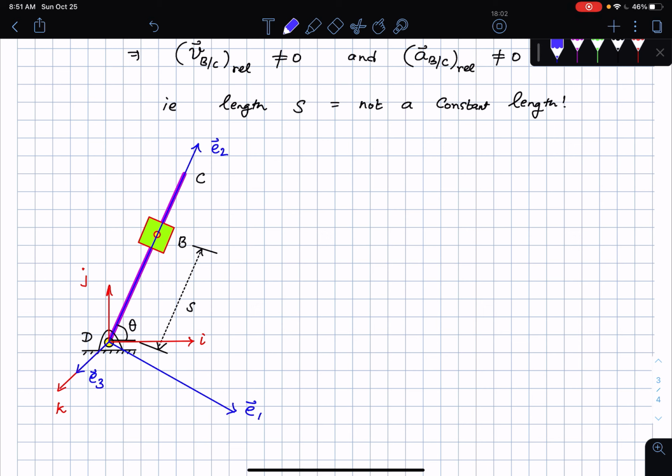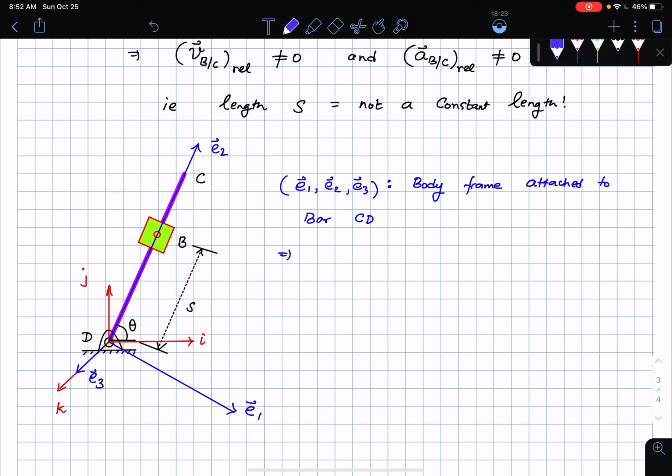So here E1, E2 and E3 is a body frame attached to the bar CD.